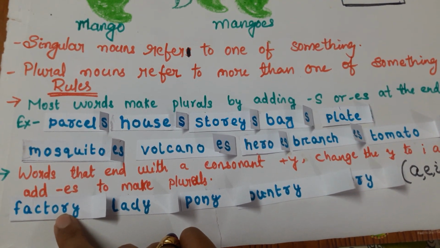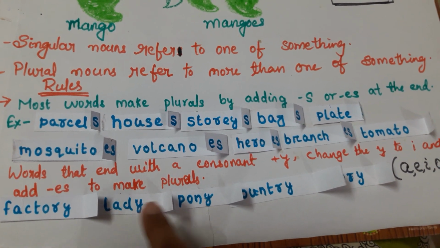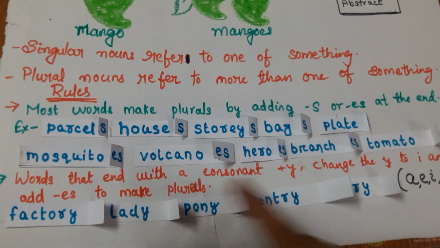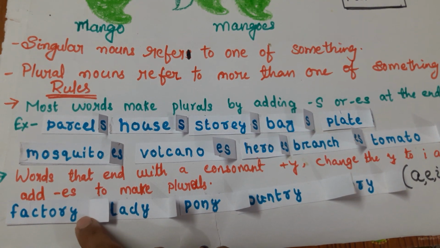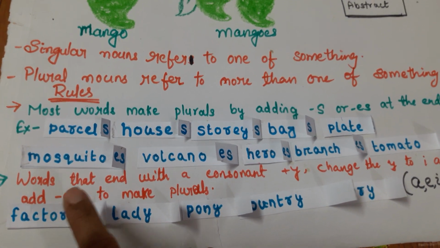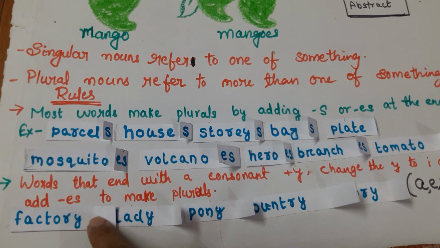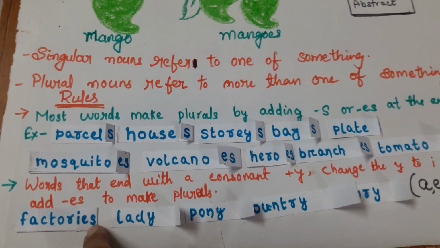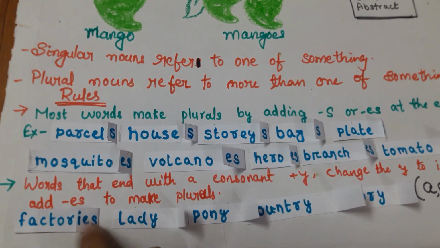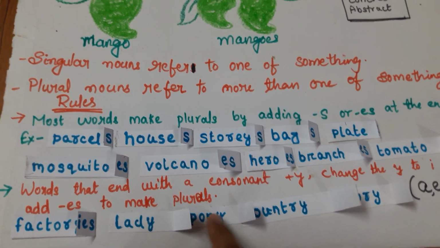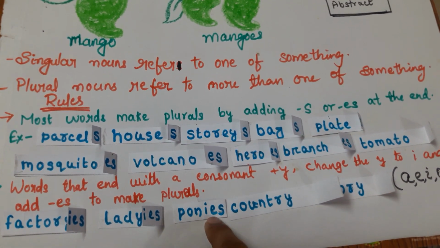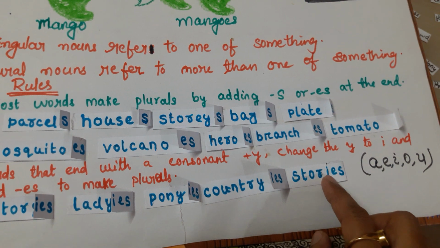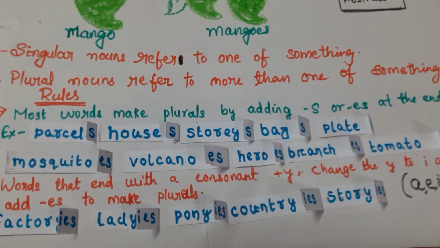Here it's r, r is a consonant, d is a consonant, n, again r. So for words which end with y with a consonant before it, when we change into the plural form, we remove y and add ies to it. So factory becomes factories, lady, ladies, pony, ponies, country, countries, story, stories. I hope it's clear to you.